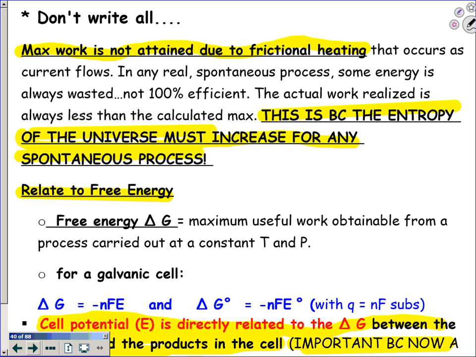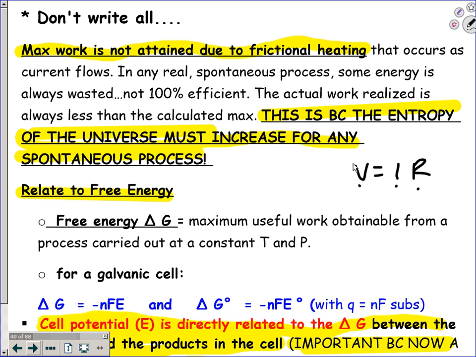We talk about this amount of energy, this work being produced, but what we calculate is not always 100% going to happen. When electrons move through the external wire, they experience resistance, and you know there's a relationship between voltage, current, and resistance, V equals IR. So the work's not going to be 100%.